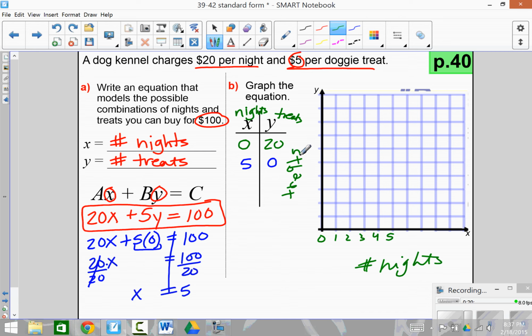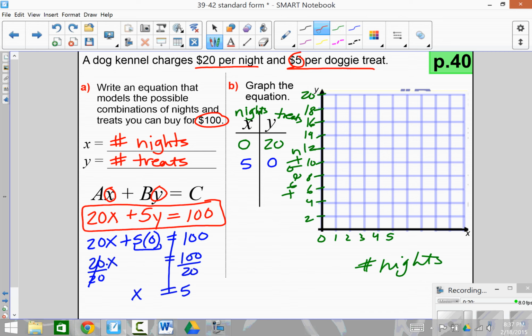I can't write sideways, and we know our biggest number we need is 20, smallest number is 0, so let's just do 2, 4, 6, 8, 10, 12, 14, 16, 18, and 20.